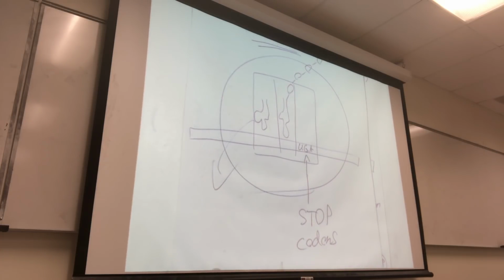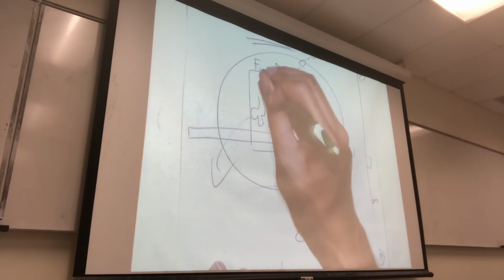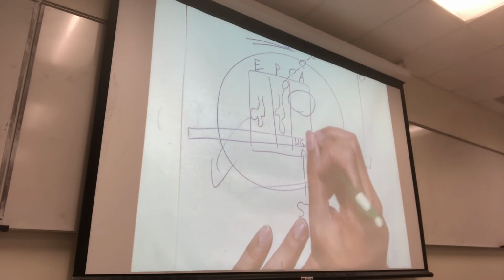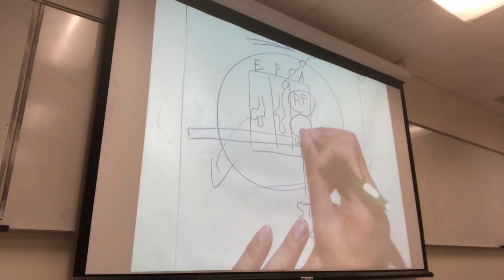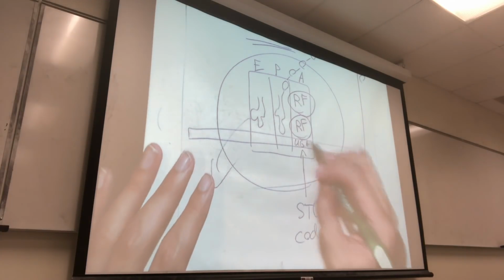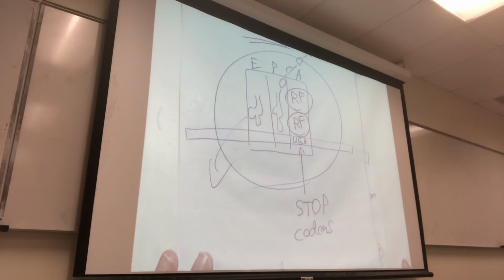What ends up happening in termination when a stop codon shows up at the A site is instead of a tRNA being brought in, you have what are called release factors. 1, 2, 3, whatever. You don't have to remember the difference between release factors 1, 2, or 3. Just know that you have special proteins that will come in instead to the stop codon.